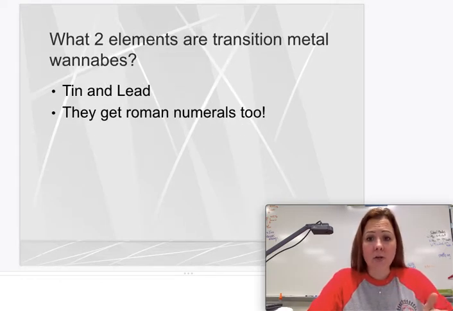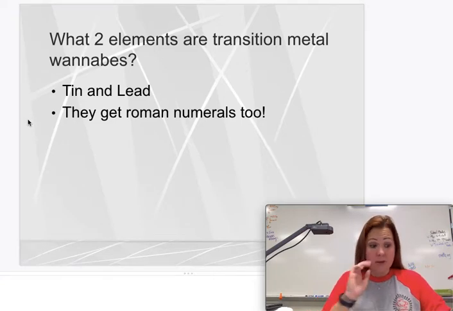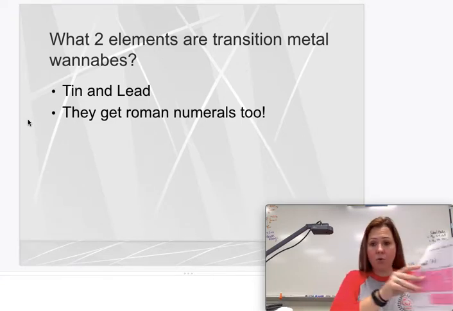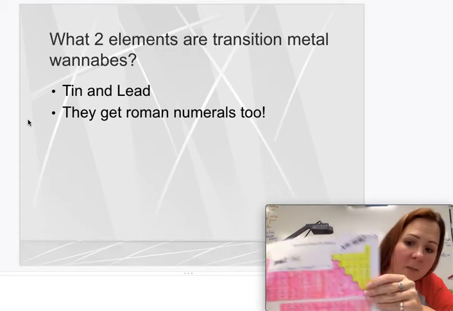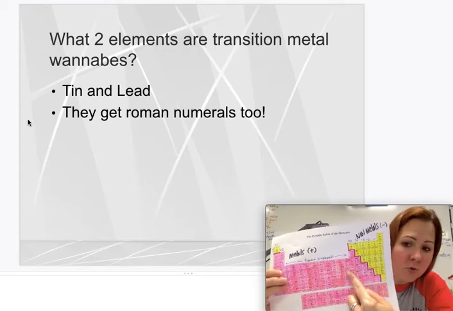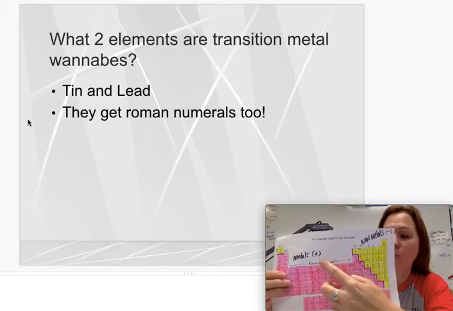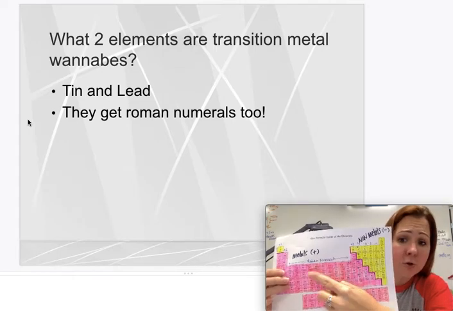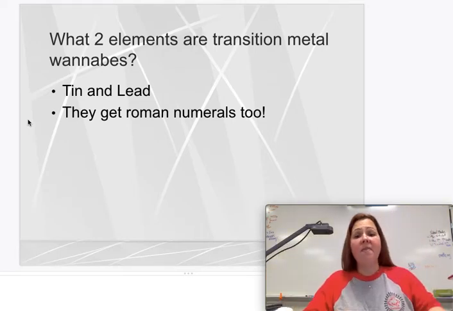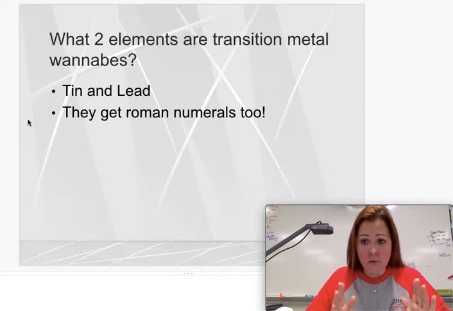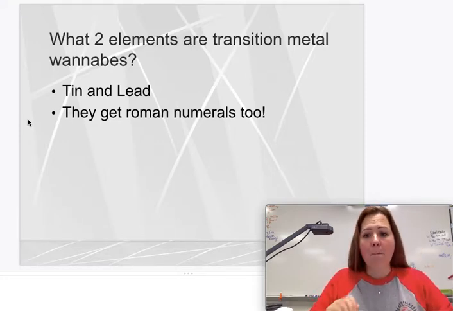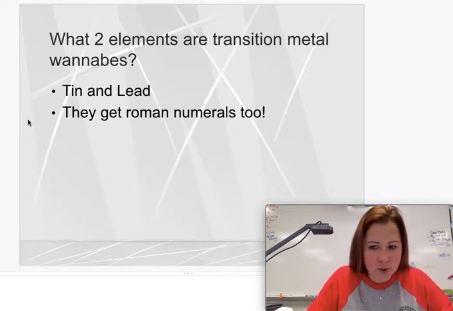So when we're looking at our transition metals, these are everything in groups 3 through 12. So I'm just going to kind of hold this up. And with your groups 3 through 12, we already wrote down that you have your Roman numerals there. However, there's two elements that don't live in the transition metals, groups 3 through 12, but we treat them like they're transition metals.